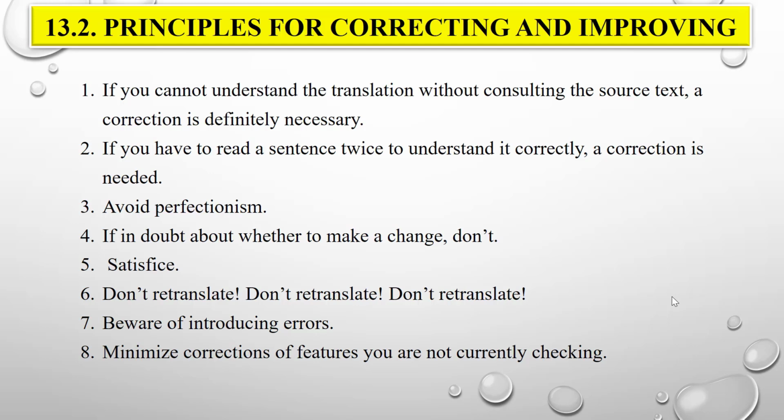Two, if you have to read a sentence twice to understand it correctly, then a correction is needed. For example, if you need to read a sentence twice to see how it relates to what precedes, that means there is a problem of smoothness. Or again, if a passage sounds nonsensical on first reading, but then you realize that the translator's wording could make sense after all, there's nevertheless a problem of logic.